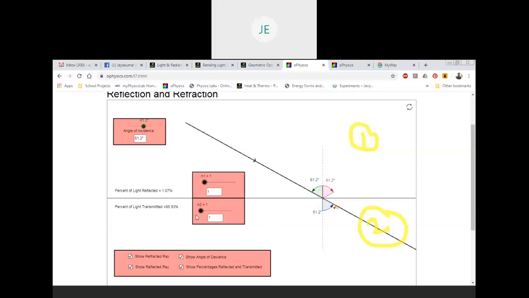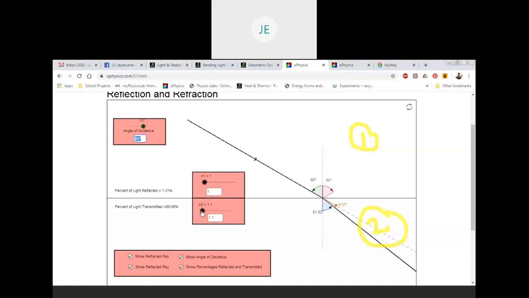So slowly I am increasing the refractive index. Let us take some whole number, 60.